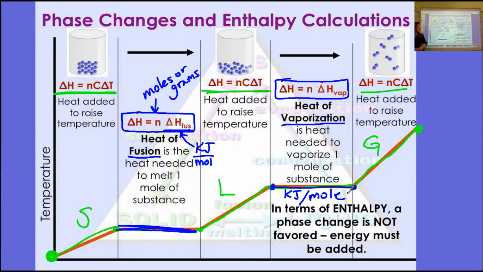We'll have to watch our conversions. And then in the gas phase, again, I can use nCΔT because I do have a temperature change. So I'm adding heat. In terms of enthalpy, this is our ΔH or our Q value.